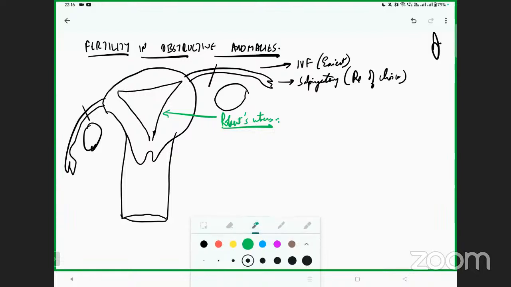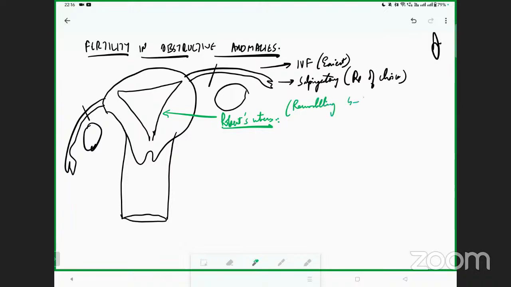And the advantage is after it undergoes remodeling, which usually takes 4 to 6 months, once the Robert uterus is completely excised out, then in that situation, pregnancy can be easily achieved with either natural intercourse or with IVF based on the other parameters. Okay, so that is the thing which you have to keep in mind.